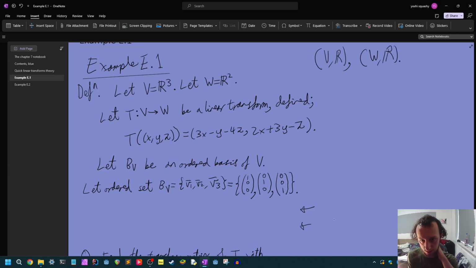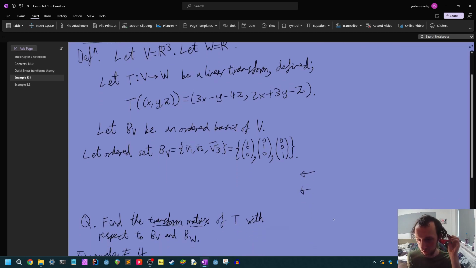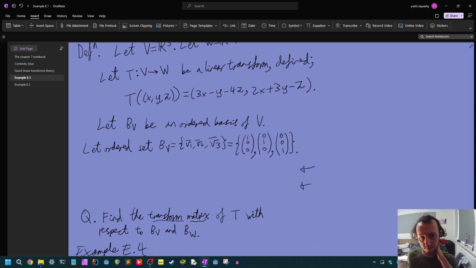So we've got V equals R cubed, W equals R squared, and we're saying let T from V to W be a linear transform, meaning we get all the properties by definition we just looked at. And then also we have that it's defined like this. There are a few ways you can define a linear transformation. You can define it by showing for each basis vector, let's just call it e_i, equals some vector.